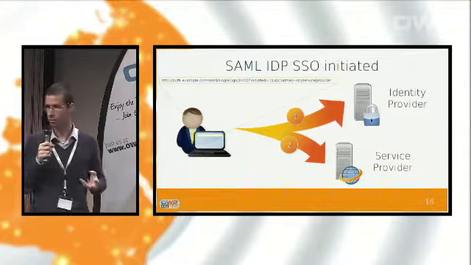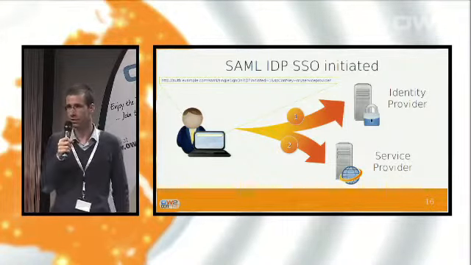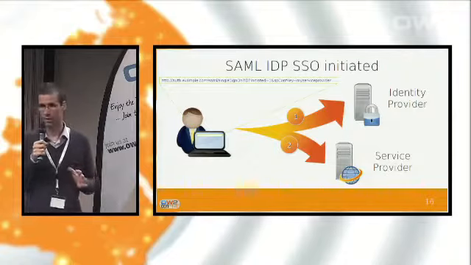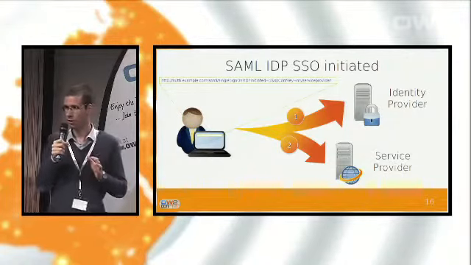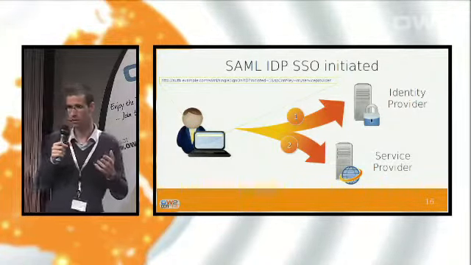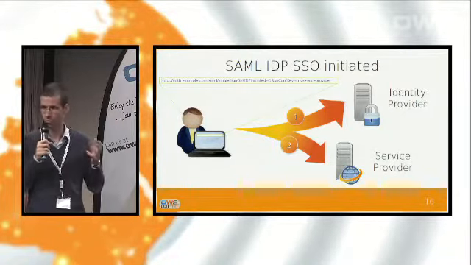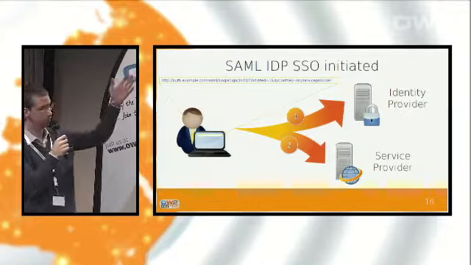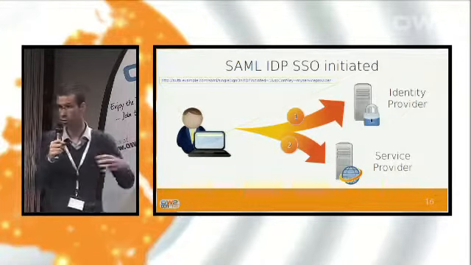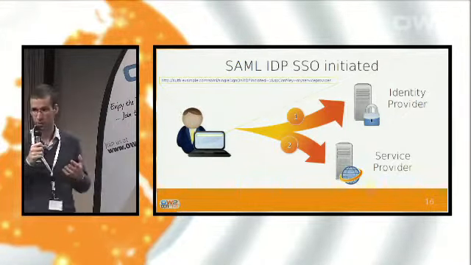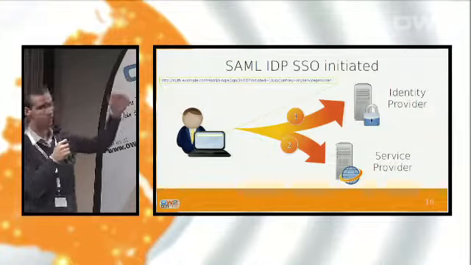Now you can use the identity provider initiated connection. So it's quite simple. You just have a SAML unsolicited response, which is sent by the identity provider to the service provider. So you can begin the workflow directly from the identity provider.